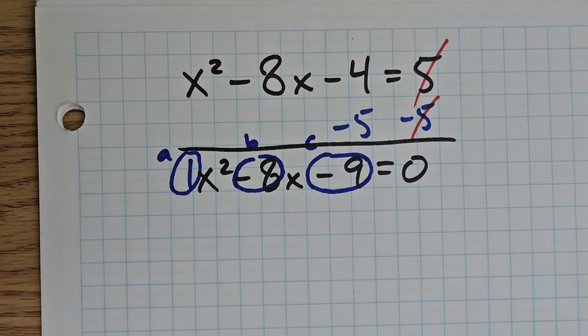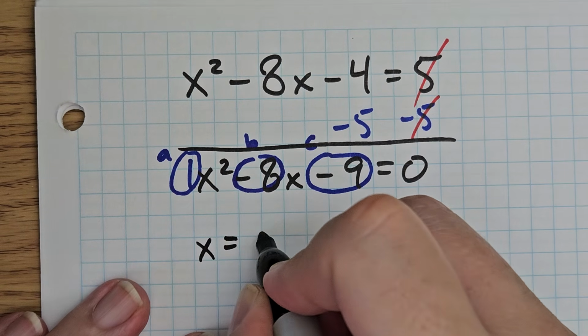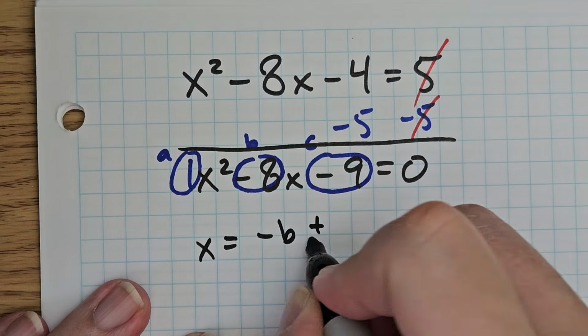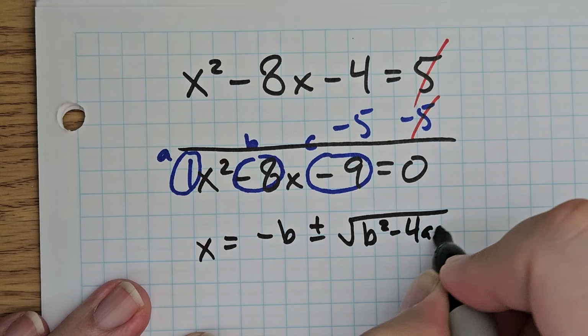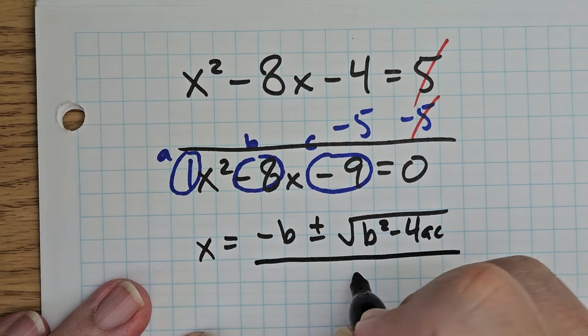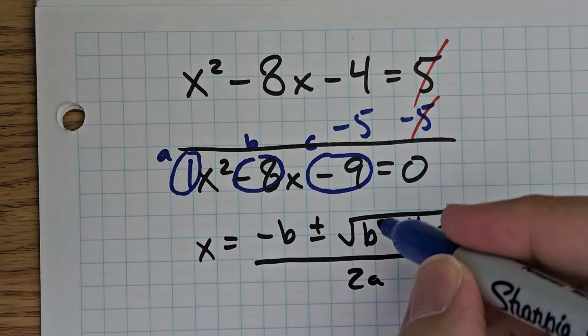And I'm sorry to say, you do need to memorize this formula. And it's a doozy. So we've got x equals the opposite of b plus or minus radical b squared minus 4ac, all over 2a. And it's good to understand the quadratic formula.